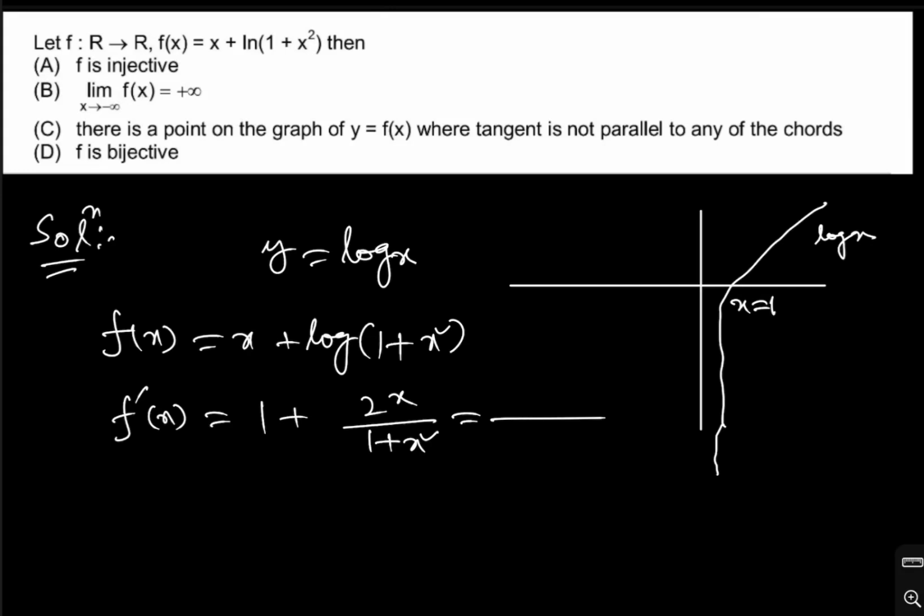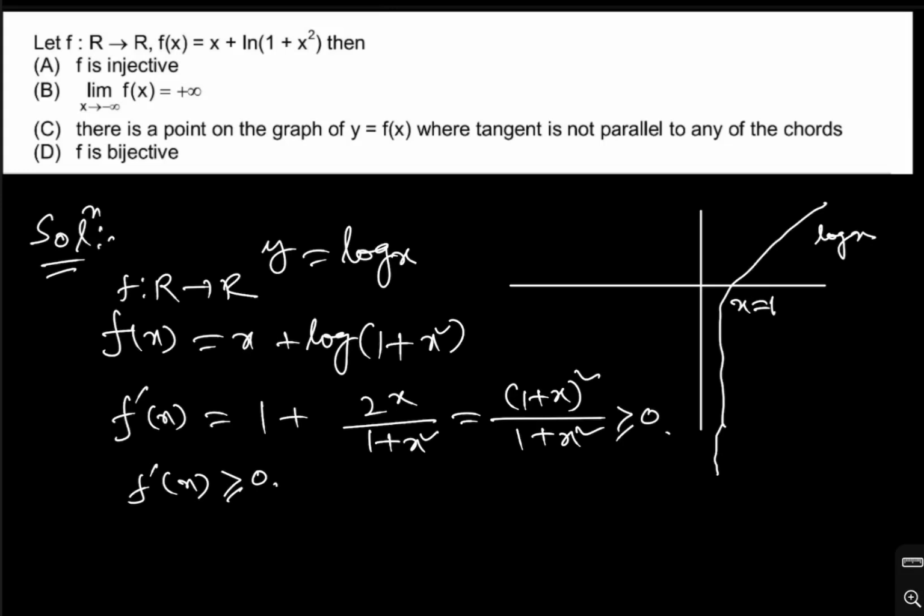So this is 1 plus x whole square by 1 plus x square. Since the function is defined from R to R, for any real number f dash x is greater than or equal to 0. Only at x equal to minus 1, f dash x equals 0. This is always positive.